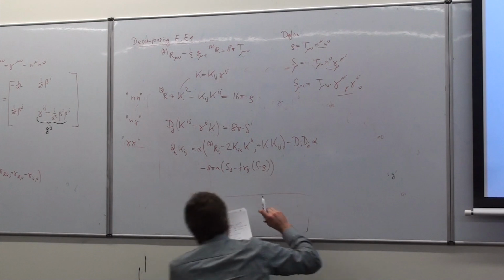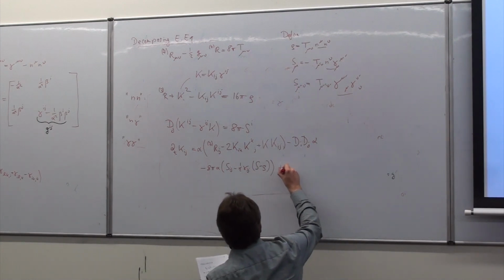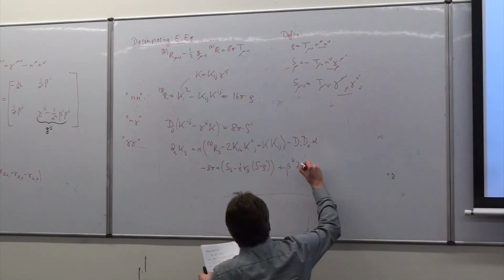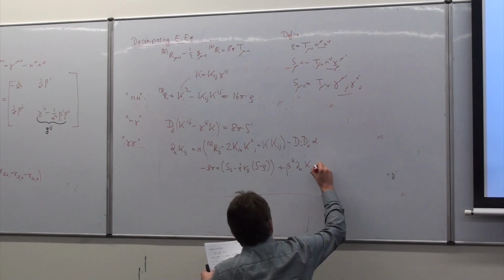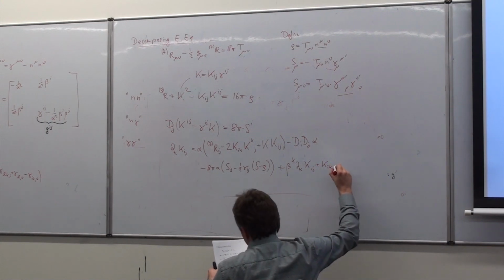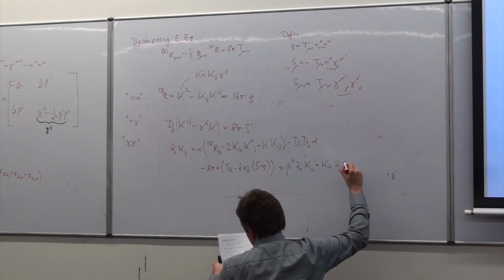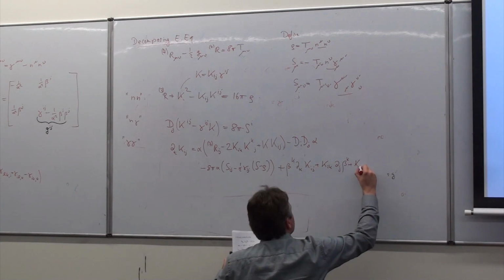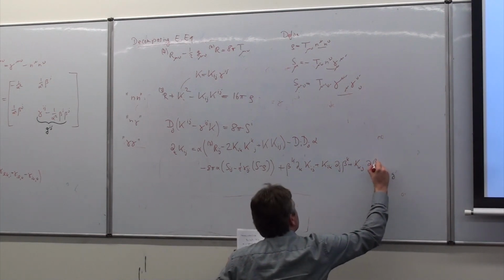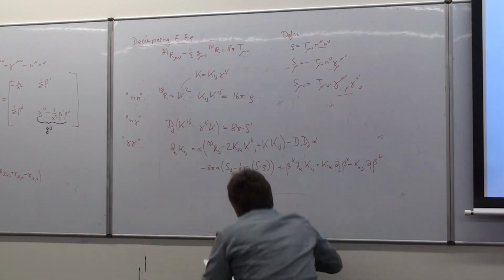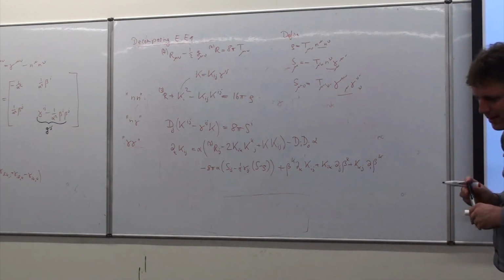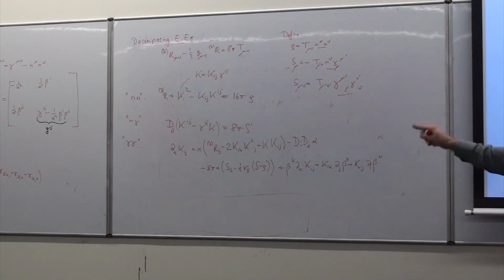And then there are terms that have the shift in it: beta^k D_k K_ij plus K_ik D_j beta^k plus K_kj D_i beta^k. Okay. So these are the three equations you get from the Einstein equations.